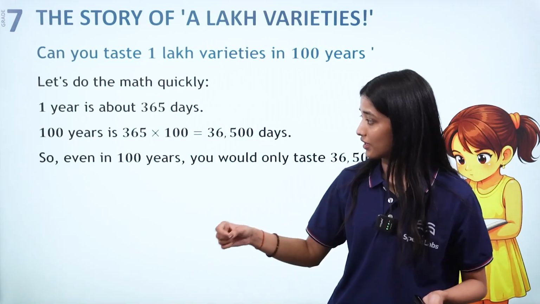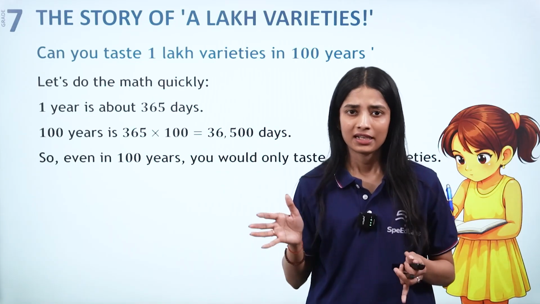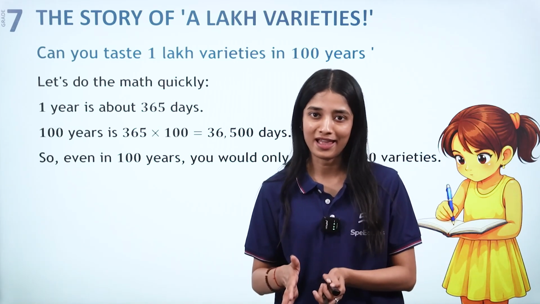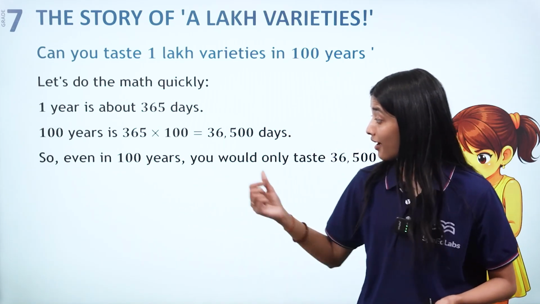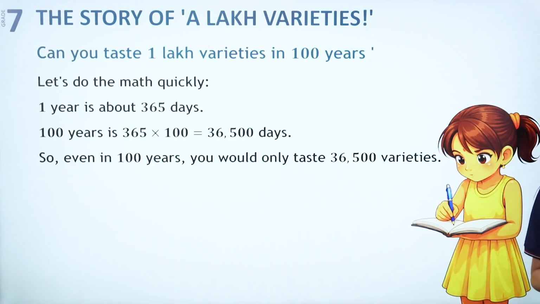These are the number of days. This is 36,500, which is not equal to 1 lakh. It is much smaller than 1 lakh. So even in 100 years, you would only taste 36,500 varieties.